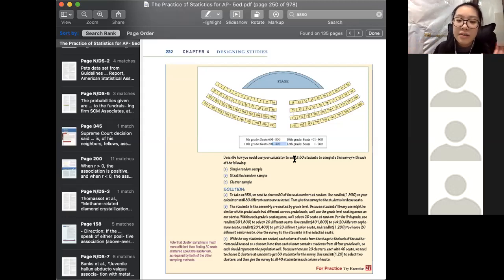And also another way is cluster sample. So cluster sample just takes from the same place.